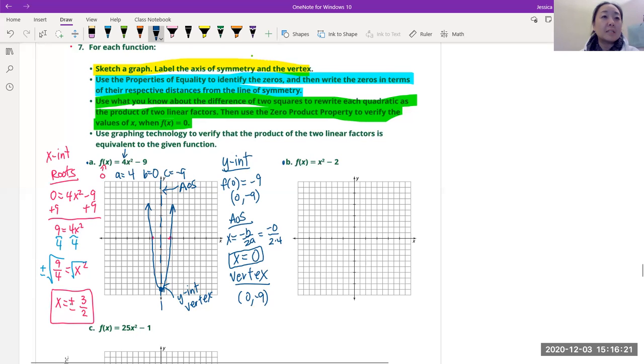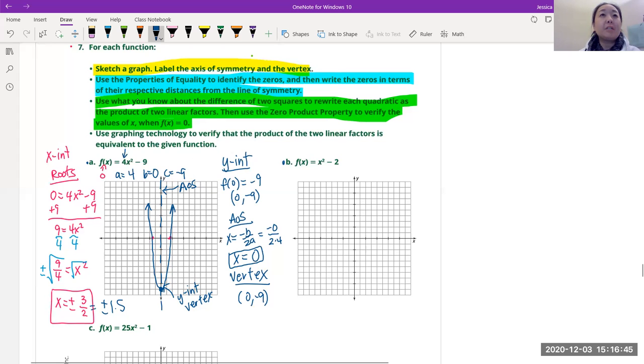And then you're going to get x equal to plus or minus, well, what's the square root of 9? 3. What's the square root of 4? 2. So this is going to be plus or minus 3 over 2, or you could say plus or minus 1.5. Either way, 1.5 is probably more useful to us because we could actually graph it. So it's going to be 1.5 to the right and 1.5 to the left. Boom. Graph done.